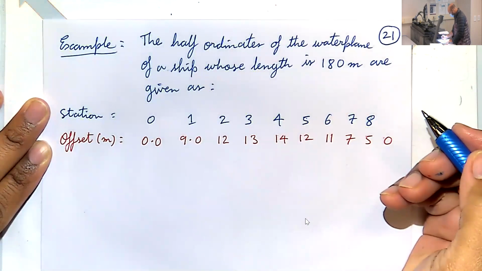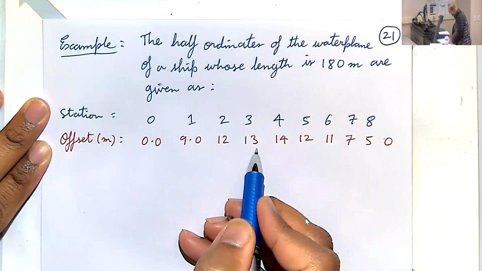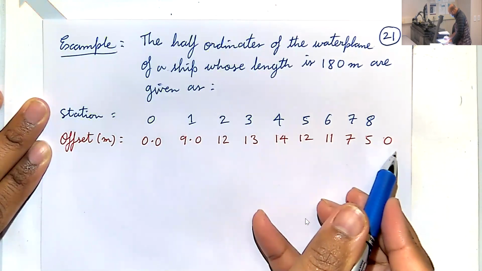There should be 10 of them: 0, 9, 12, 13, 14, 12, 11, 7, 5, 0.